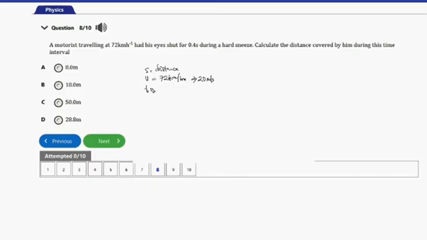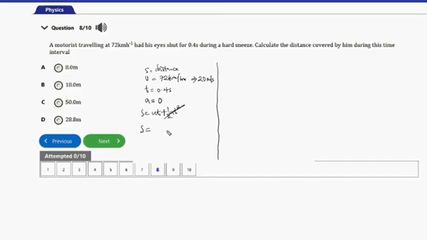So the time here is given as 0.4 seconds. And guys, since this guy is moving in the same direction at uniform speed, the acceleration is going to be 0 here, which means this cancels out the half at squared part of this equation. 0 times 1 over 2 times t squared is still 0.